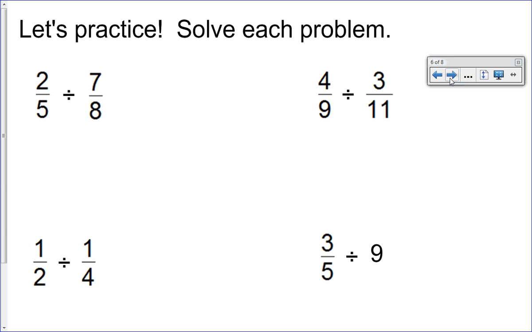Okay, let's practice here. I'm going to go through the first couple here on this video, and then we'll try out the rest in class tomorrow. So we've got 2/5 divided by 7/8. So I'm going to leave the first fraction alone. So it's going to be 2/5.